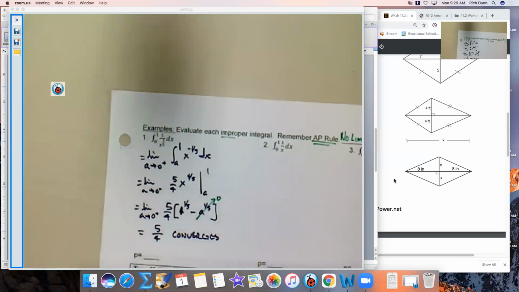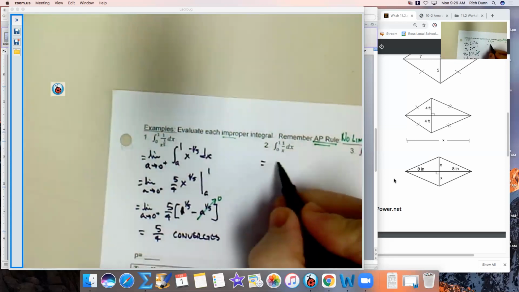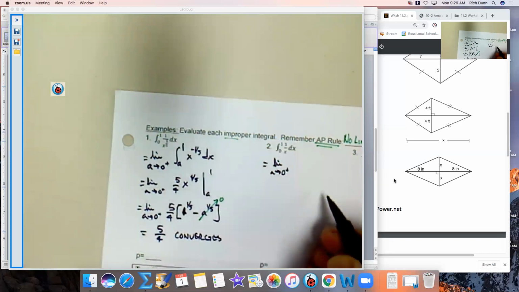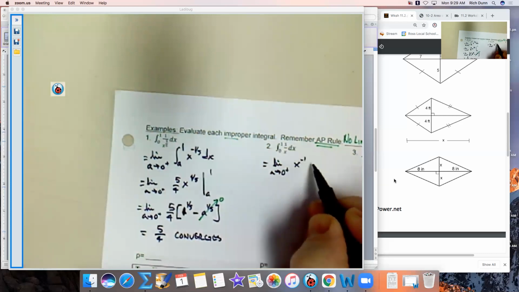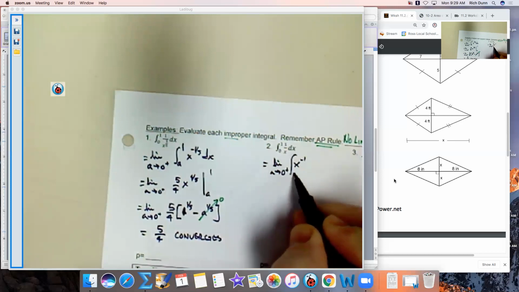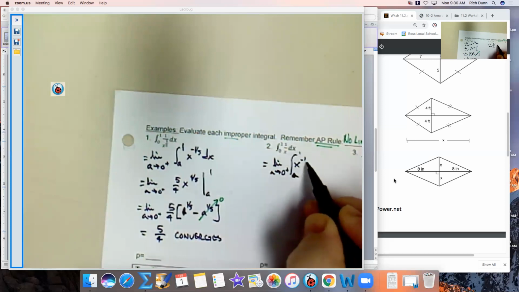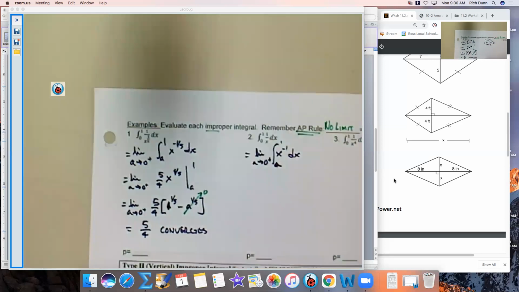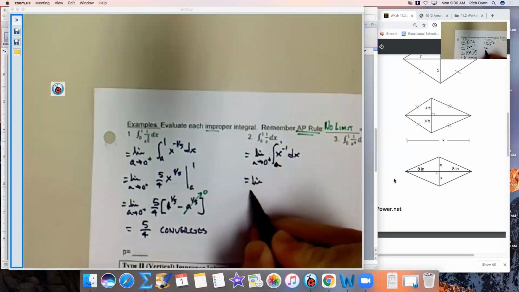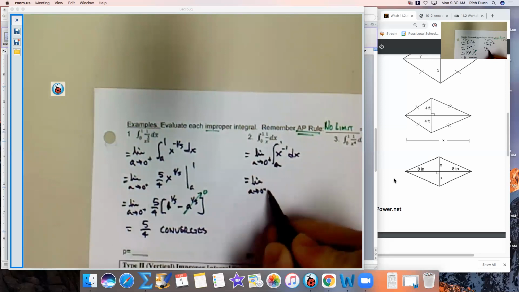And let's take a look at our next example. Same problem. We'll have to take the limit as a goes to 0 from the right of the integral from a to 1 of x to the negative 1st power dx. This is, again, our natural log antiderivative.